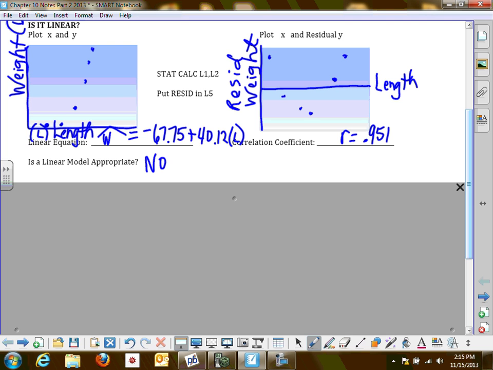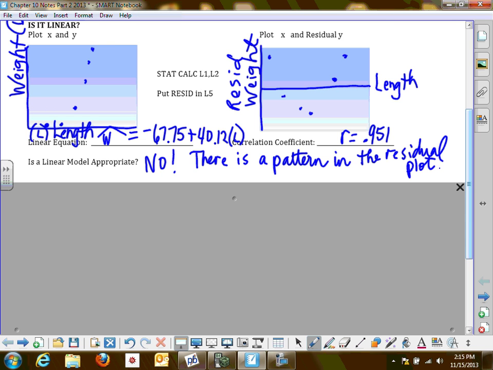A linear model is not appropriate, and the reason for that is because there is a pattern in this residual plot. Okay, so the linear model is not appropriate.